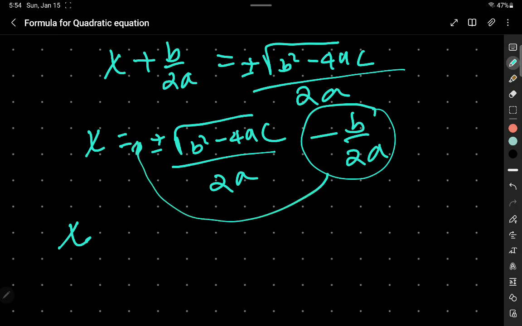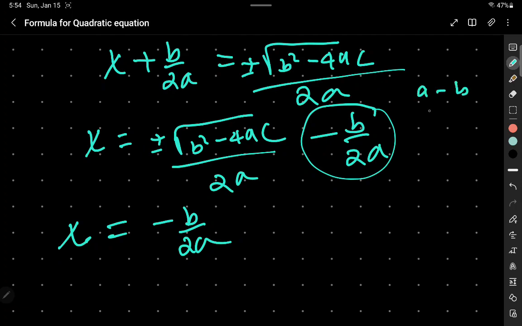Now let's write it here. So this means your x is equal to, before the plus or minus, let's write minus b over 2a, because something minus a minus b means minus b plus a, or if you have x minus y, it means just x minus y, minus y plus x. That's the logic, that's what we did here.